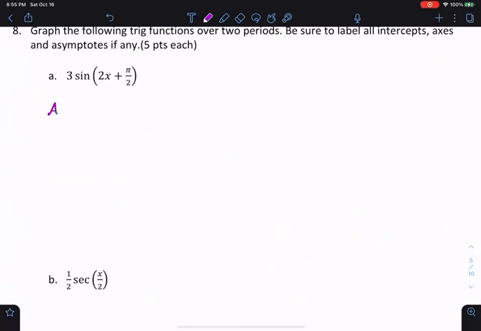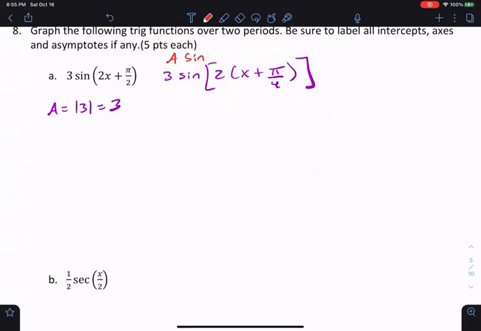So the amplitude equals 3, the absolute value of 3. I can rewrite this as 3 sine of, let me put that in brackets, 2x plus pi over 4. Now this is in the form that we want, a sine of bx plus c, plus d.